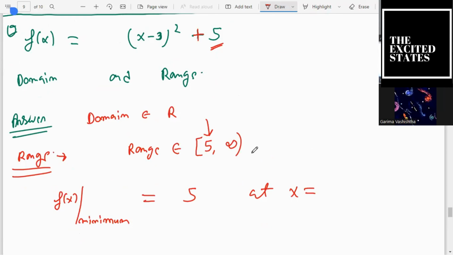At 0 it will not be 5. Tell me what f(0) will be then. Yes, at x equal to 3. This function takes the minimum value at x equal to 3, and the minimum value is 5.